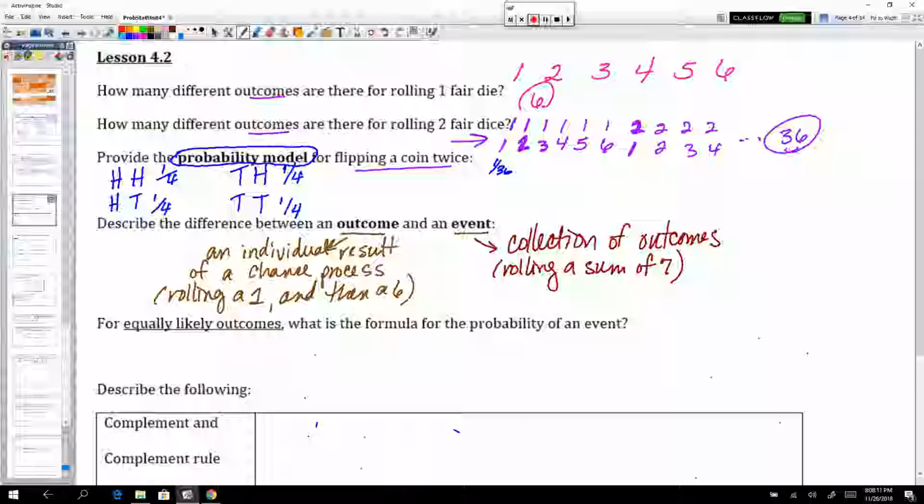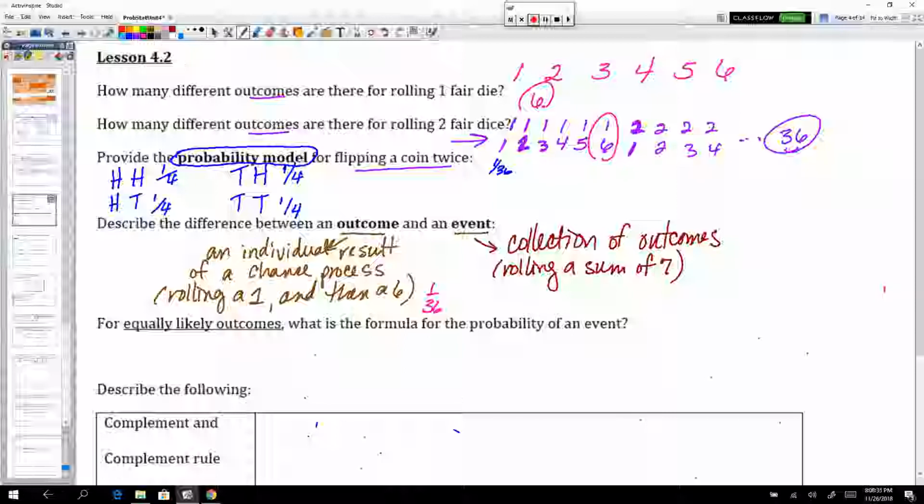There is a difference between rolling a 1 and then a 6 and rolling a sum of 7, right? The probability of getting the outcome rolling a 1 and then a 6, that probability is 1 in 36. That happens 1 in 36 times, rolling a 1 and then a 6, right?